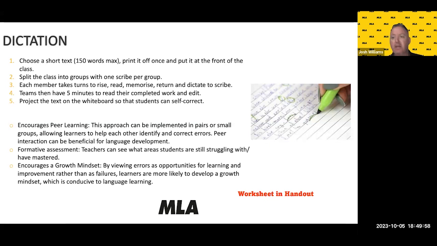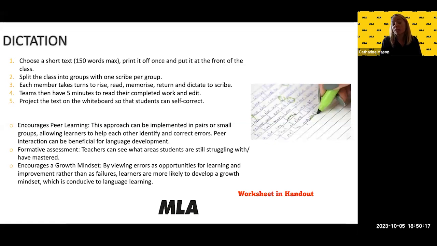But then after that, they all check it. It's not just the scribe. Exactly. In stages 4 and 5, they have to work together, reading the text together before they believe that it's complete, as good as they can get it.